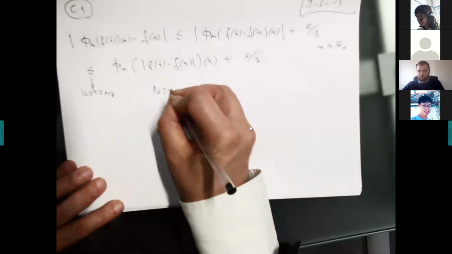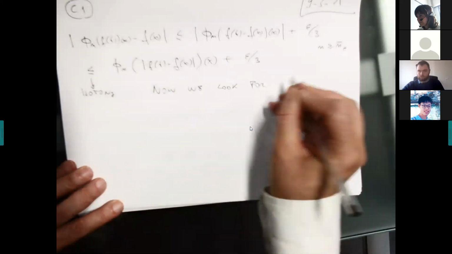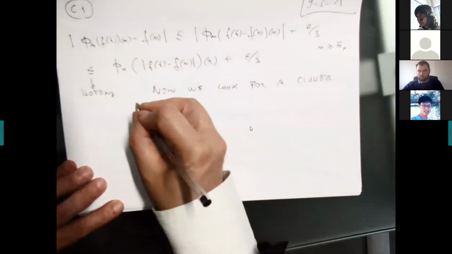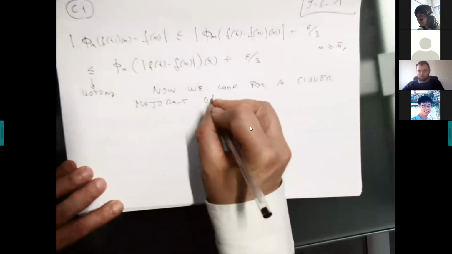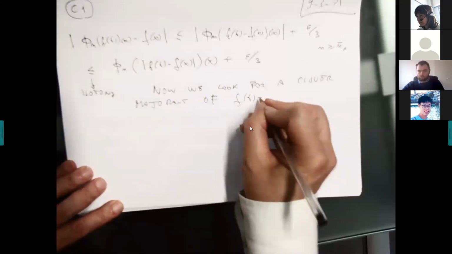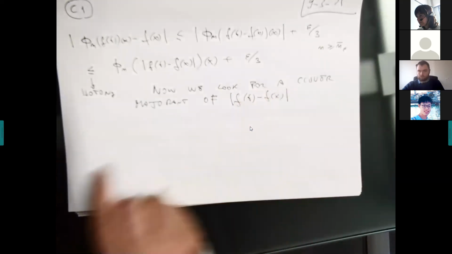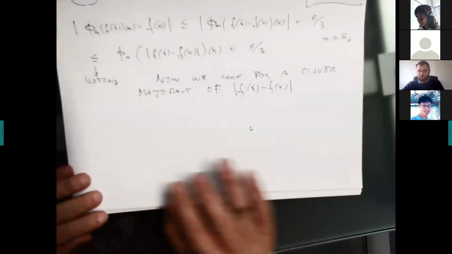Now we look for a clever measurement of modulus of f of t minus f of x. Okay, remember that both t and x move in 0, 1 independently.